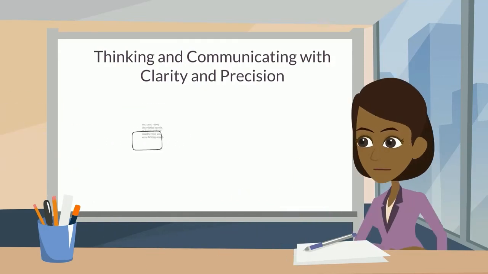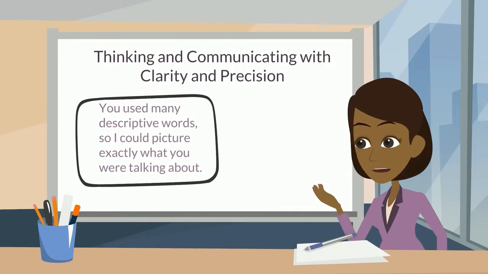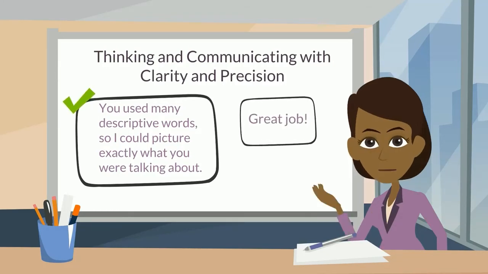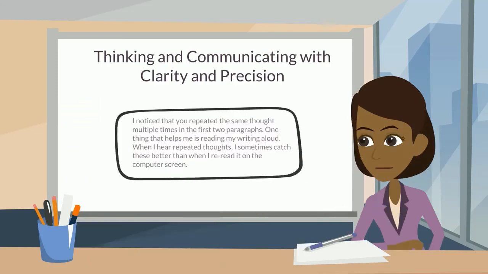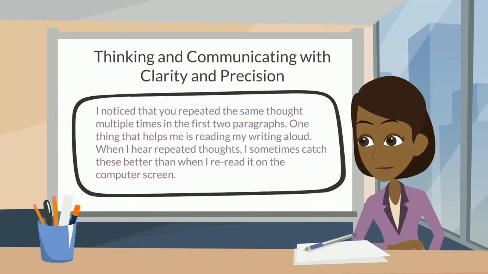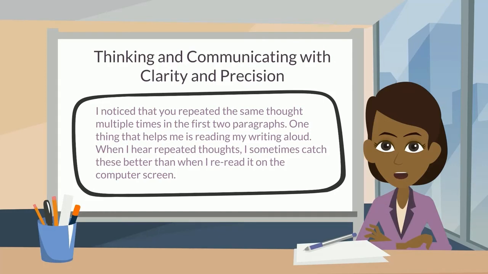For example, "You used many descriptive words, so I could picture exactly what you were talking about," is more effective than "great job," or "I noticed that you repeated the same thought multiple times in the first 2 paragraphs. One thing that helps me is reading my writing aloud. When I hear repeated thoughts, I sometimes catch these better than when I reread it on the computer screen."